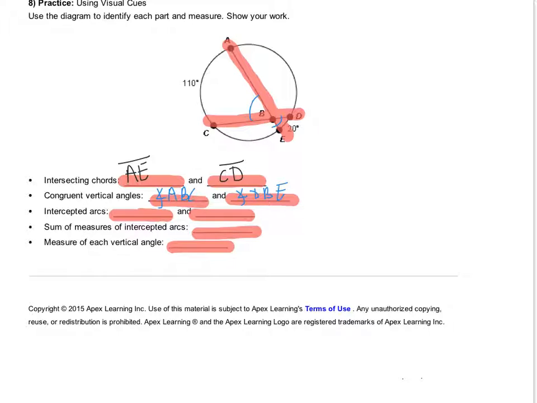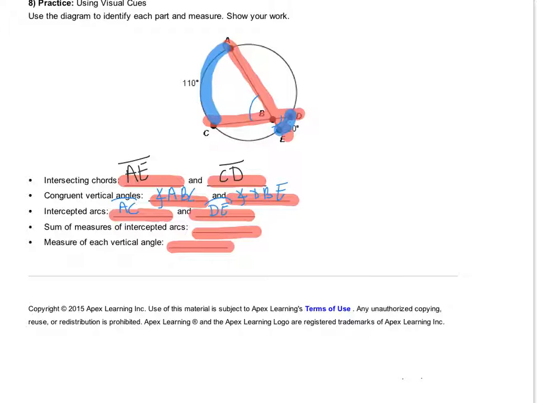The intercepted arcs created by those angles are arc AC or CA, and DE or ED, doesn't matter.